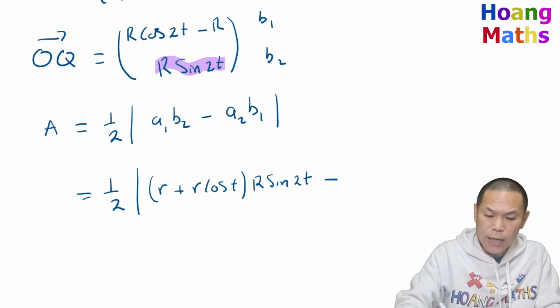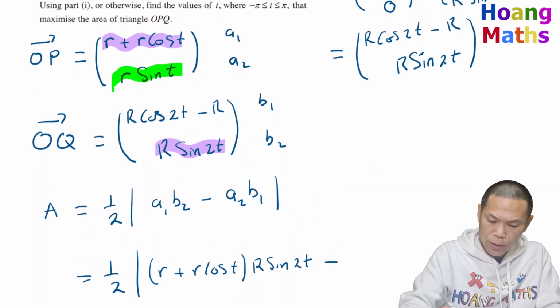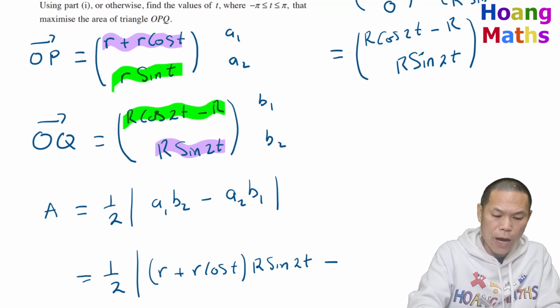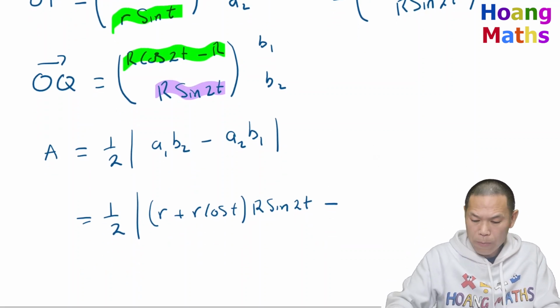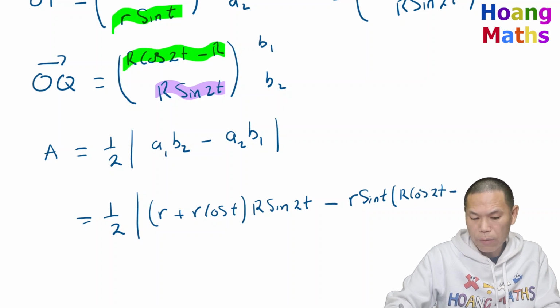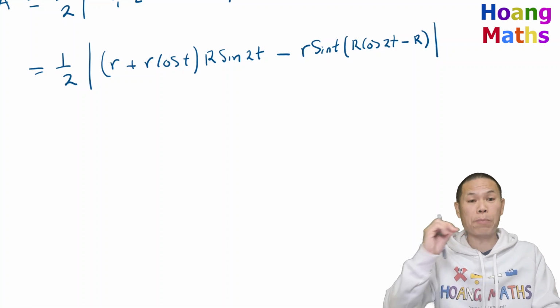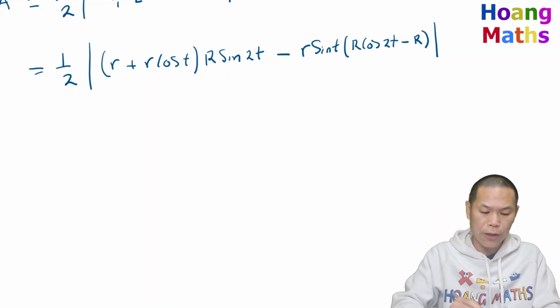And then we minus I2, this is I2 and this is B1. We just times them up. So that will give me R sine t brackets R cos 2t minus R. Now I just need to expand them out and simplify them.